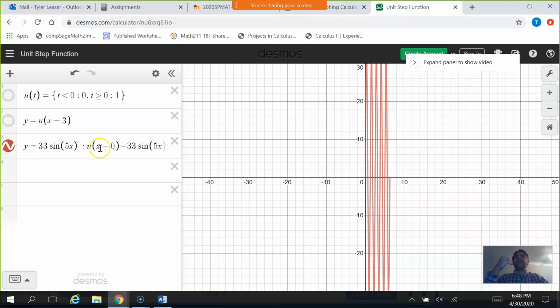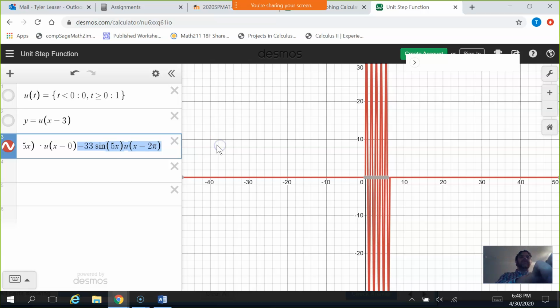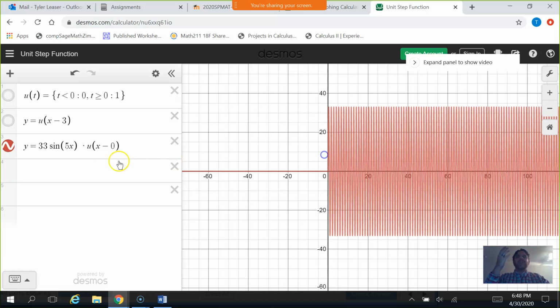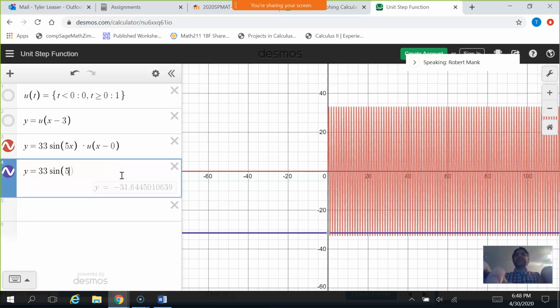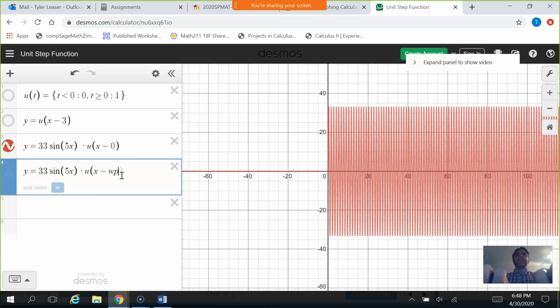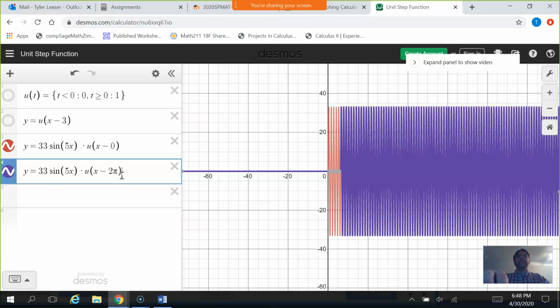Here, 33 sine 5x u of x minus 0, if I just leave that part in there, this is going to be the function of 33 sine 5x that starts at 0. The other one I had was y equals 33 sine 5x, but this one was starting at 2 pi. So notice that's the purple one here.